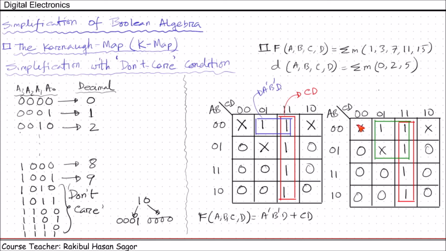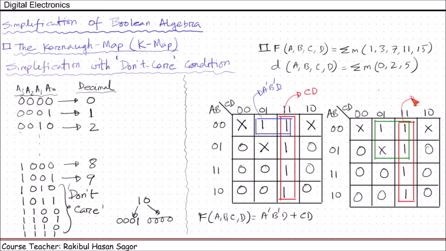Now, even though we have 2 don't care conditions left, we do not have to care about those don't care conditions. We'll consider the ones while finding the function in sum of products form, or we'll consider the zeros while finding the complement version of the f function. Now, if necessary, this x can be merged with zeros as well.